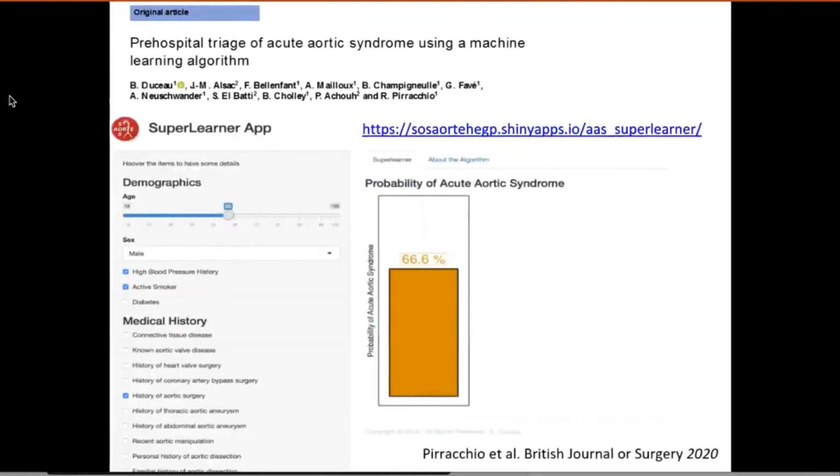I'm going to go real quick through that. We've been working on prediction and clinical decision support in many different areas in the ICUs.